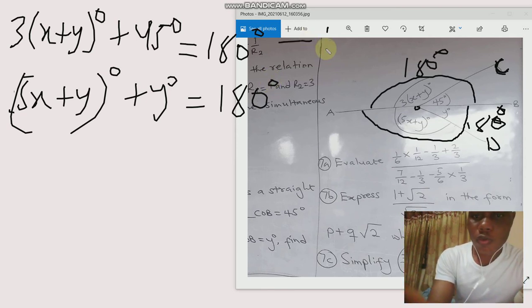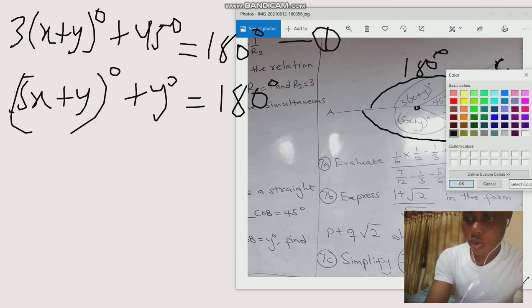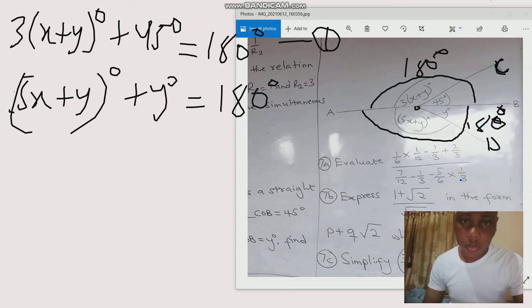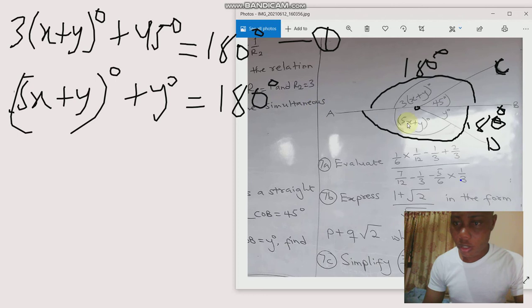So if I take equation 1, I'll manipulate it a little. We will solve these two equations simultaneously without the degrees.